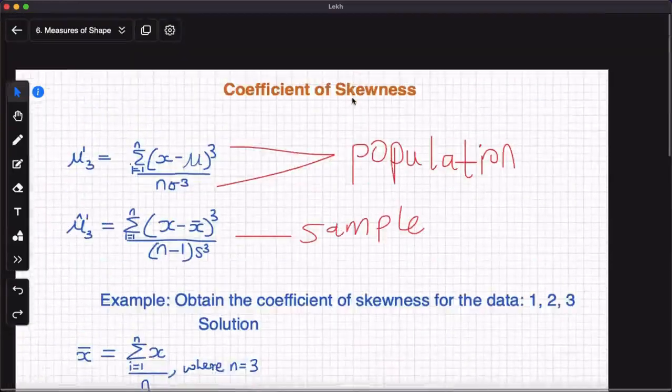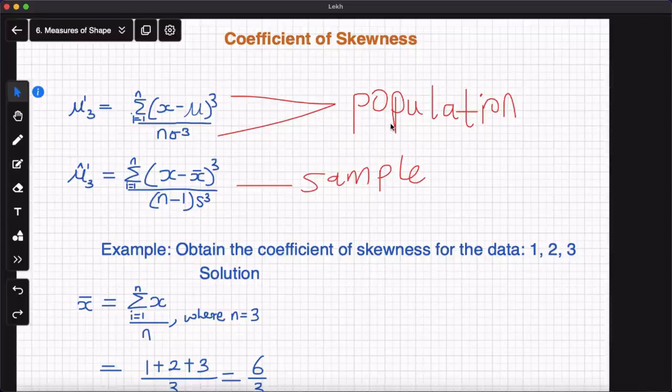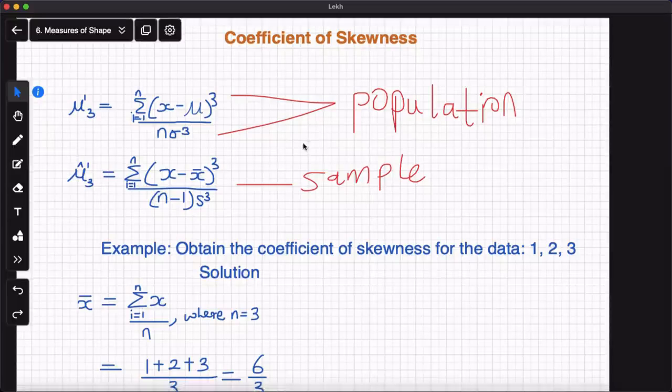There are times when we may not be able to decide if a distribution is skewed to the left or to the right by just looking at the data set or even at a curve that is plotted.